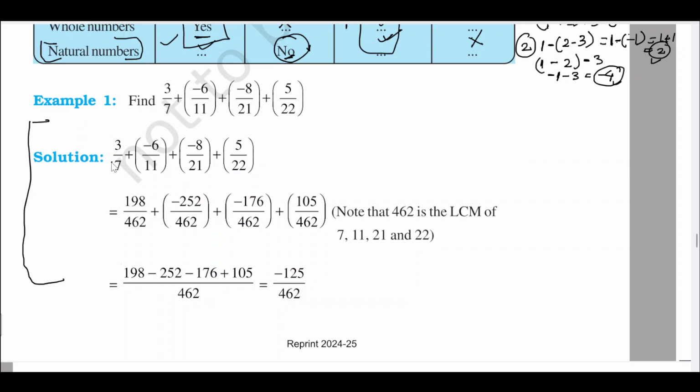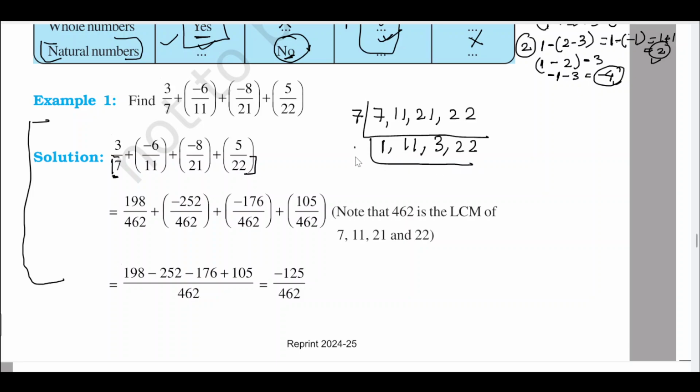So first of all, we will get the LCM of these four denominators: 7, 11, 21, and 22. So what will be the LCM? 7, 11, 21, and 22. Dividing by 7, we get 1, 11, 3, 22.